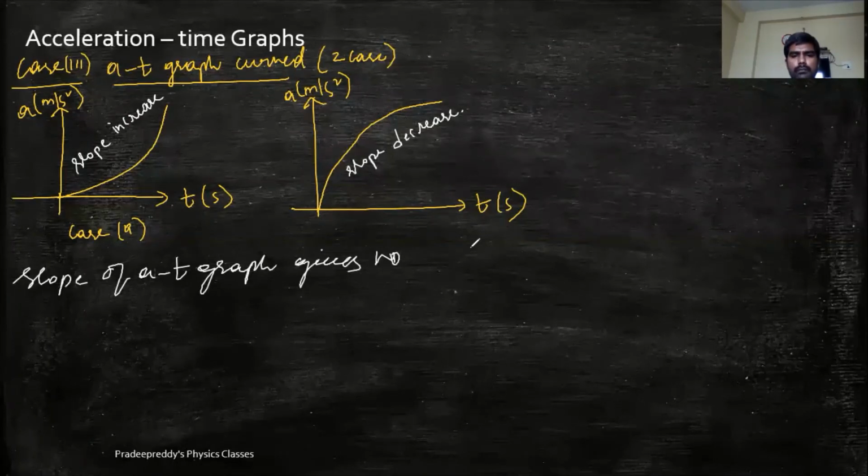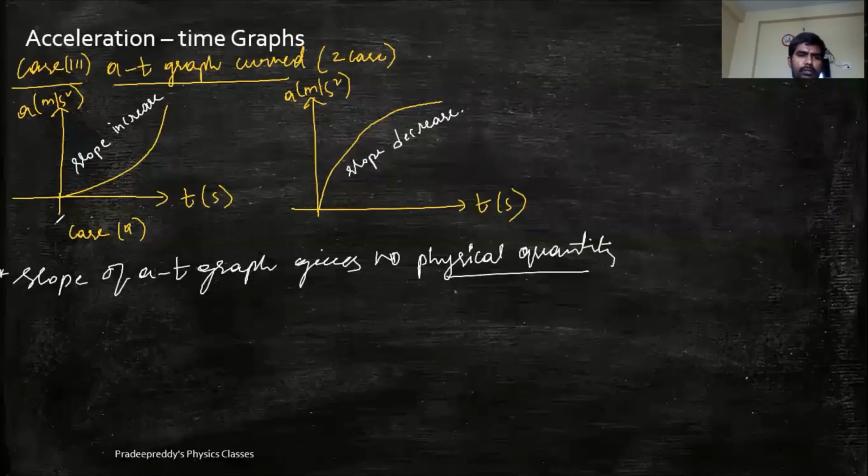The slope of an AT graph gives you no physical quantity in kinematics. Therefore, even though the slope is constant, even though the slope is variable, you will not get any physical quantity from that particular slope.